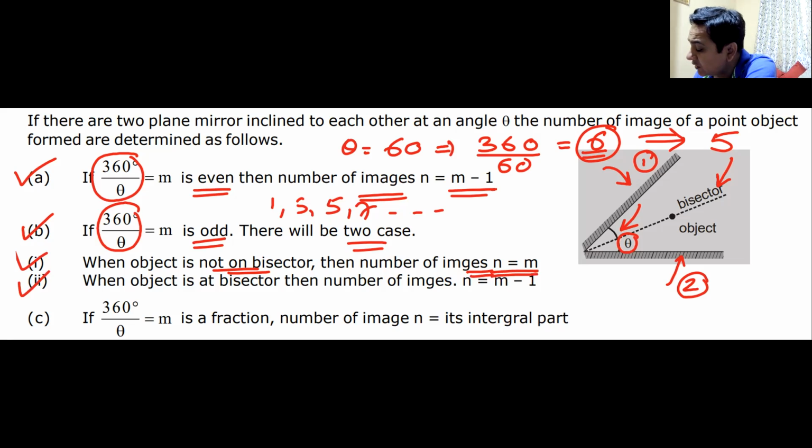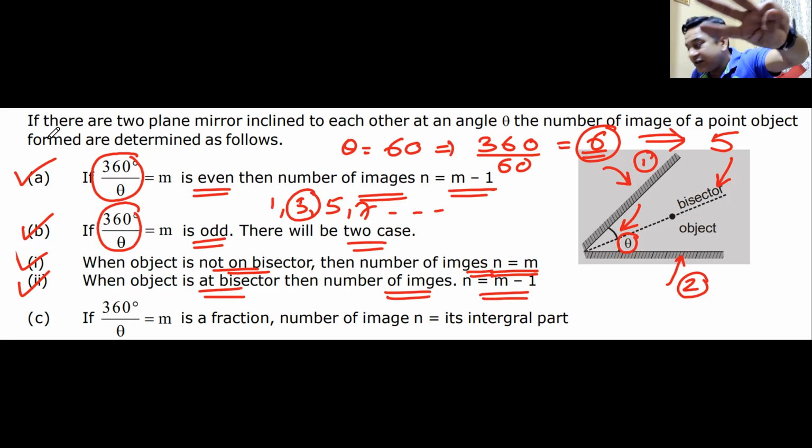When the object is on the bisector, the number of images is n minus 1. For example, if 360 divided by theta is 3, if it is placed on the bisector, the number of images would be 2. If it is not placed on the bisector, number of images would be 3. Do we understand this?